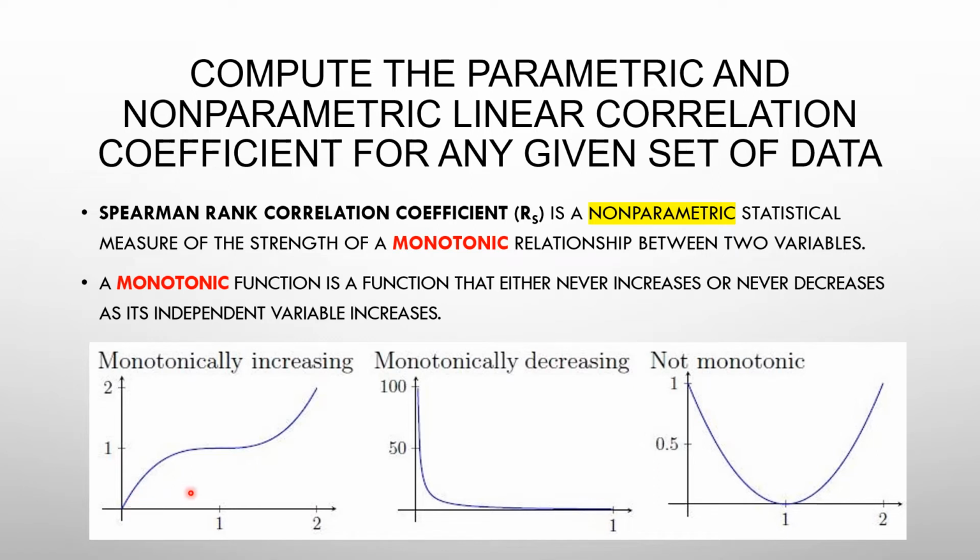So you can have a monotonic increase or a monotonic decrease. If I were to plot the x values, they are not going to be normally distributed. If you plot the y values, neither will they be normally distributed. So that is for Spearman rank correlation.